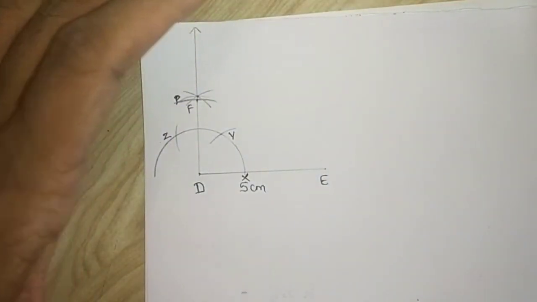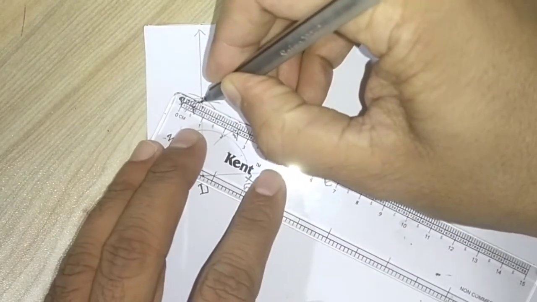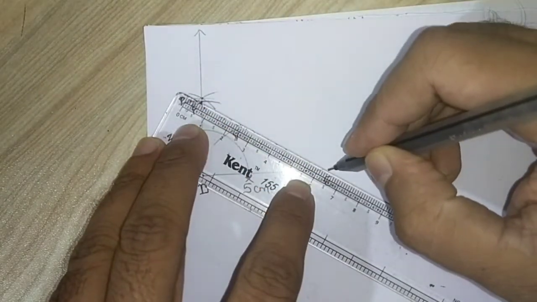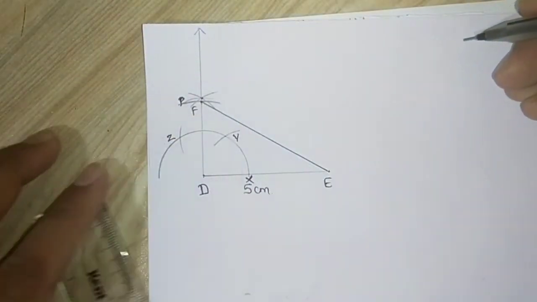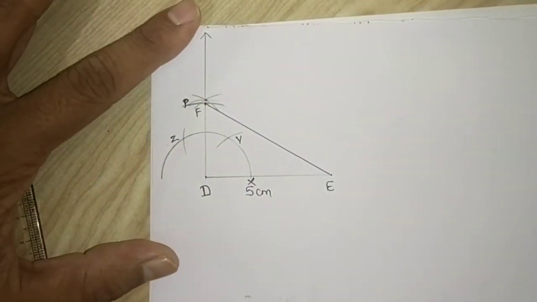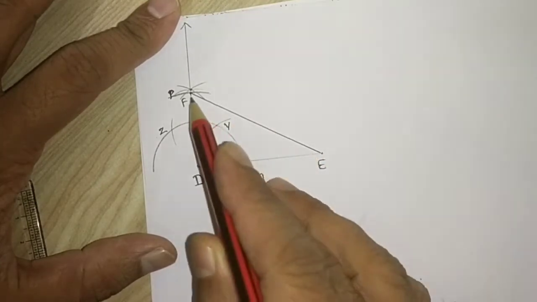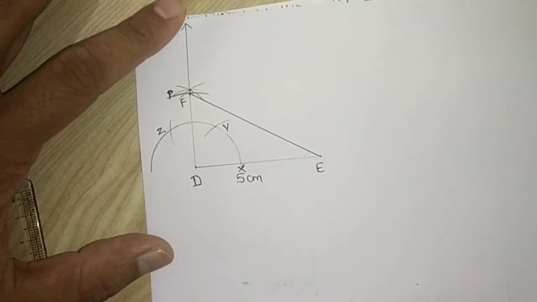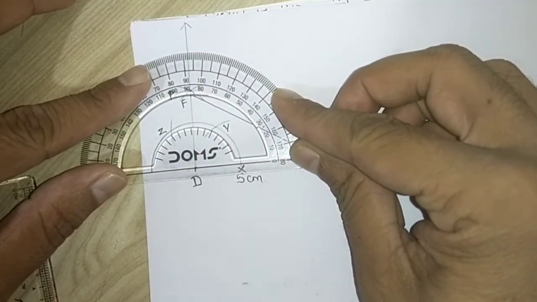Now joining F to E, we will get our triangle DEF, in which, if you see, this is our 90 degree.